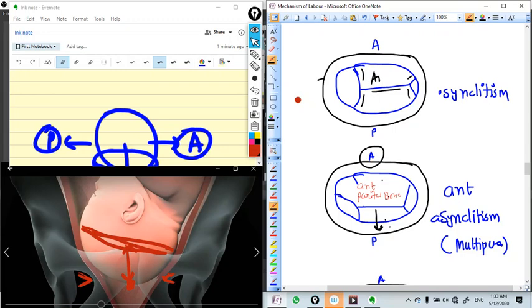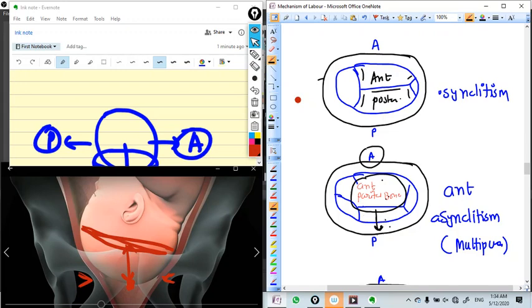This one is called the anterior parietal bone, and this one is called the posterior parietal bone of the fetal skull. Whenever the head tilts anteriorly, most of what you see is the anterior parietal bone. You see a lesser part of the posterior parietal bone, and the sagittal suture is tilted toward the posterior border.